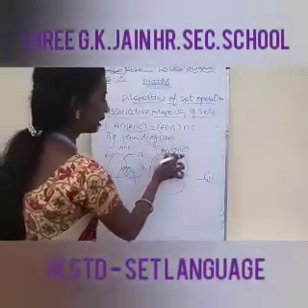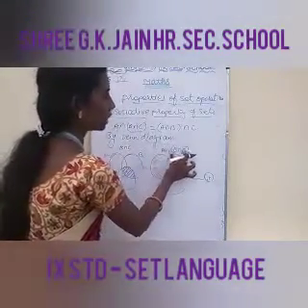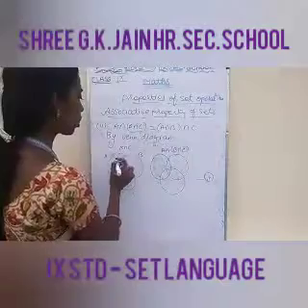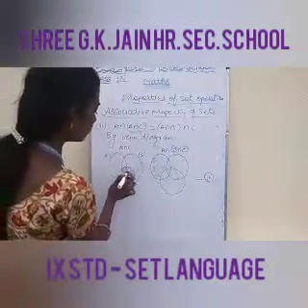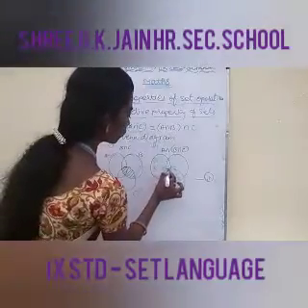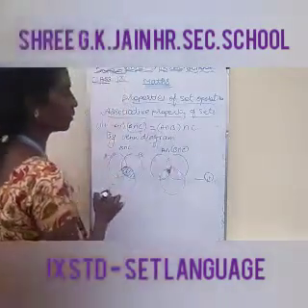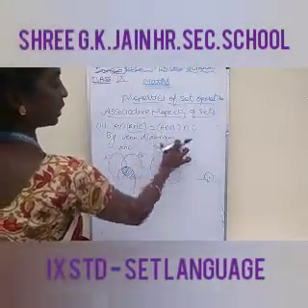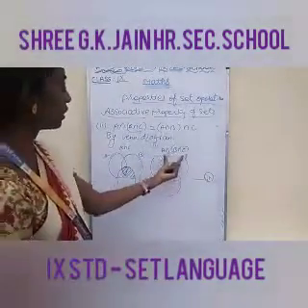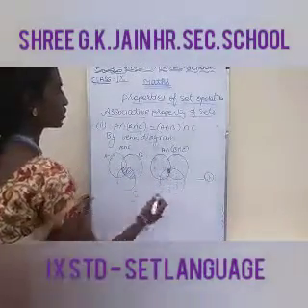The common region between A and this one is this portion only. So this portion only will be the common region between A and B intersection C. B intersection C is nothing but your previous diagram. Then this is your first diagram.